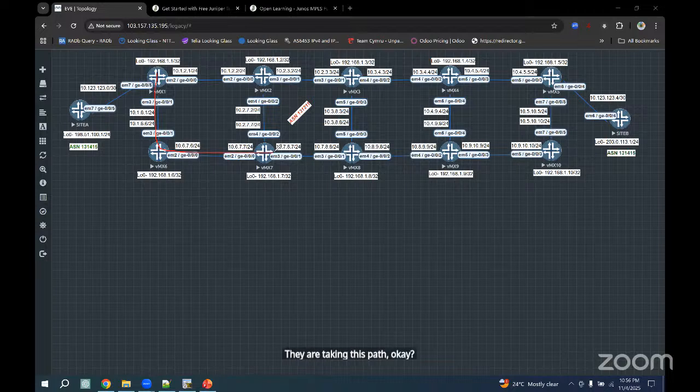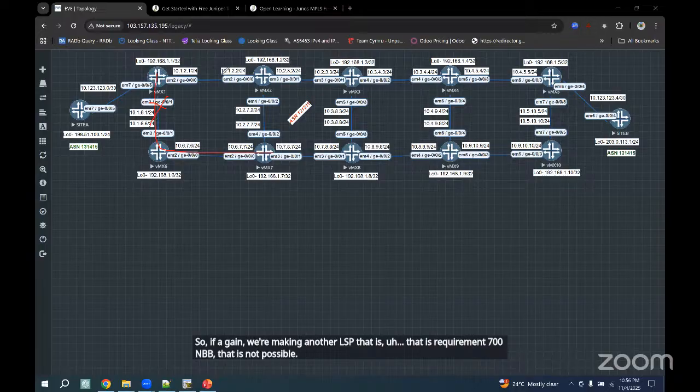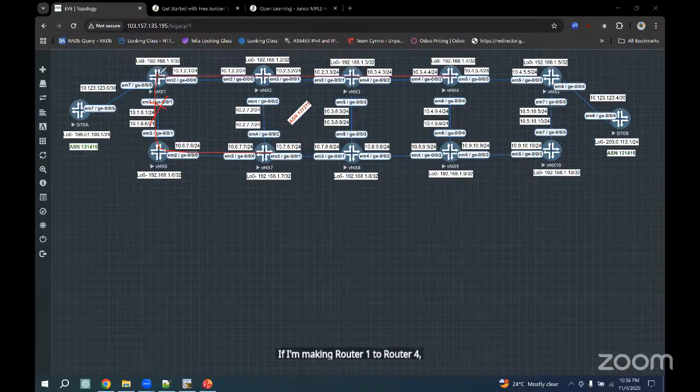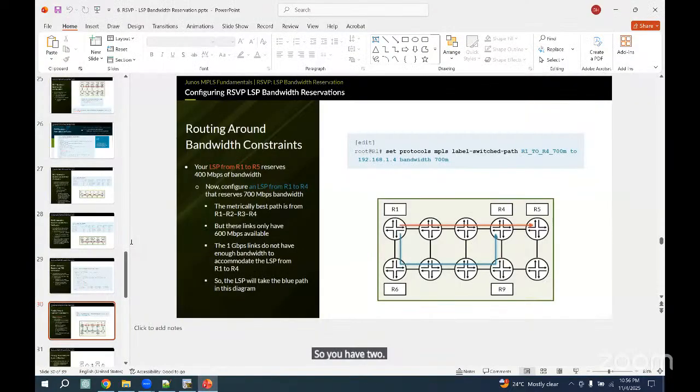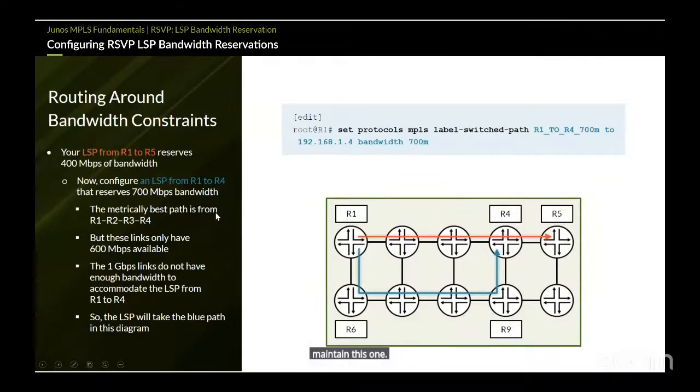If we make another LSP that requires 700 Mbps, that is not possible. If I'm making router 1 to router 4, this LSP path will be this one, not this one. Okay, that is the consideration. So you have to maintain this one. That's good.